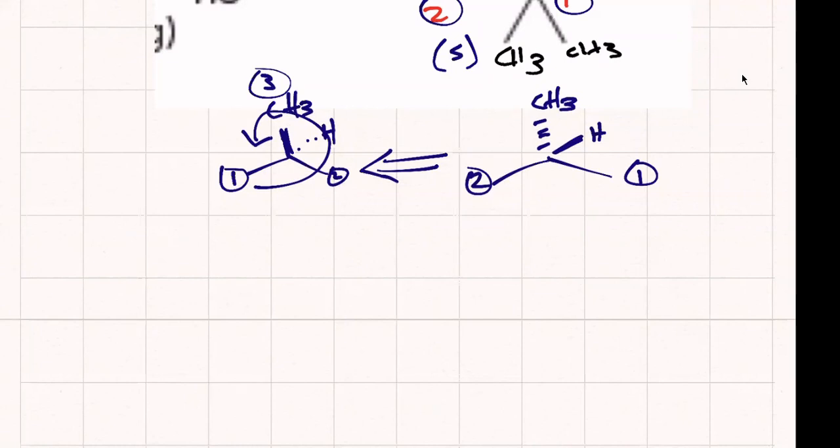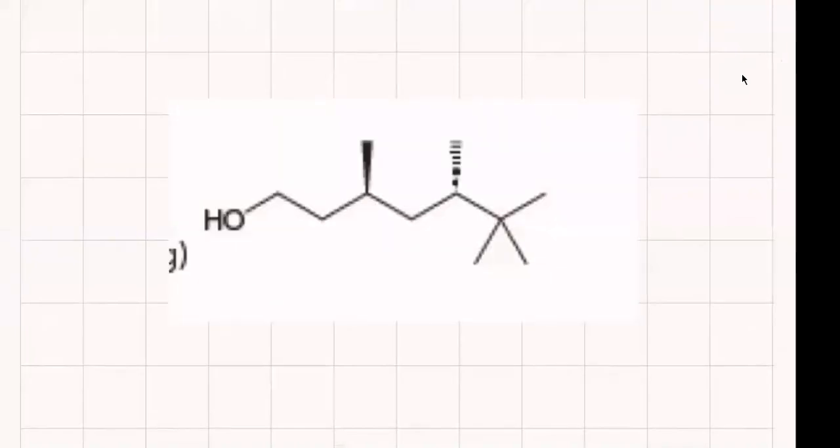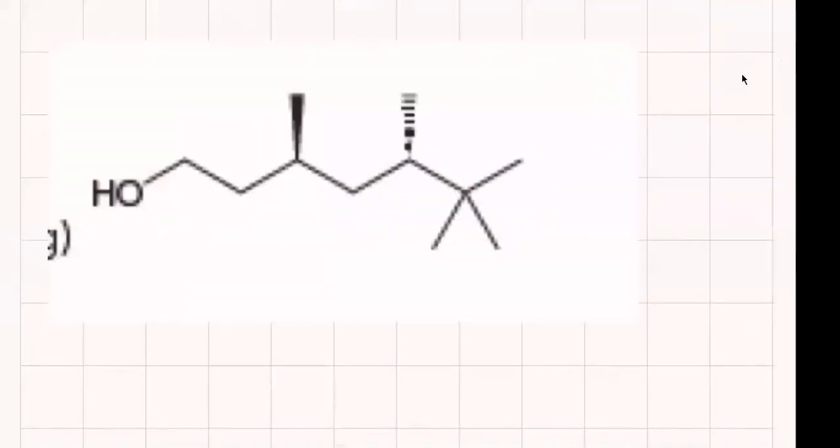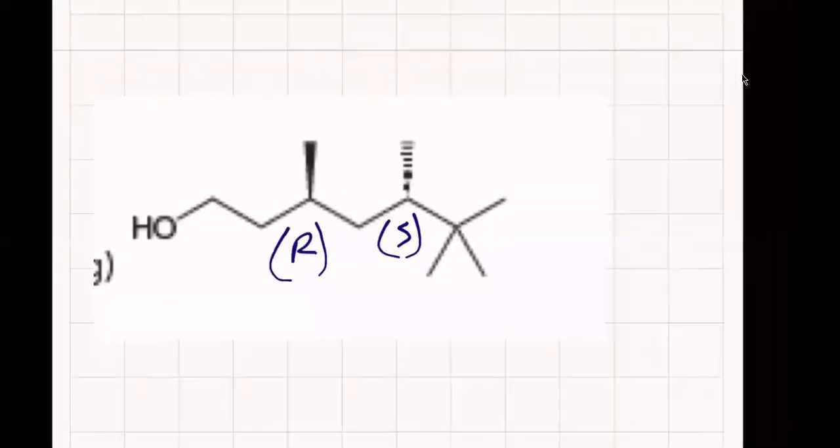Yes. Okay. So we're going to put this example down here one more time. Might as well walk it down while we got it. So we already agreed that the first one was R, and this is S. Everybody agree with that? Yes. So we figured out the configuration.